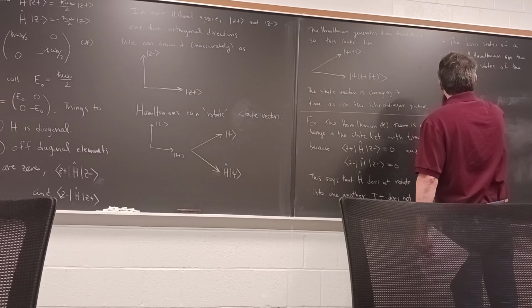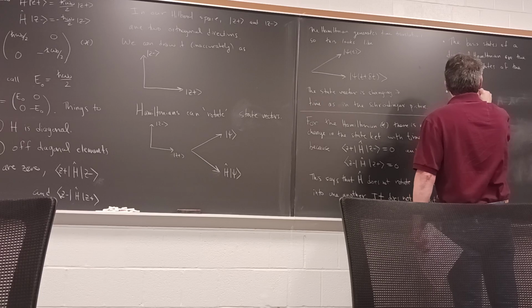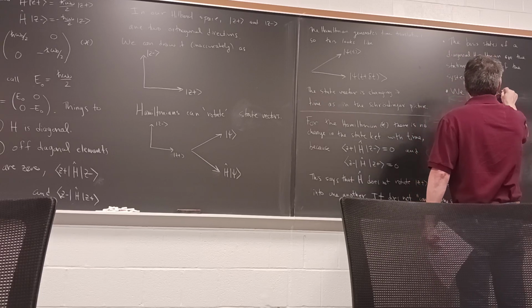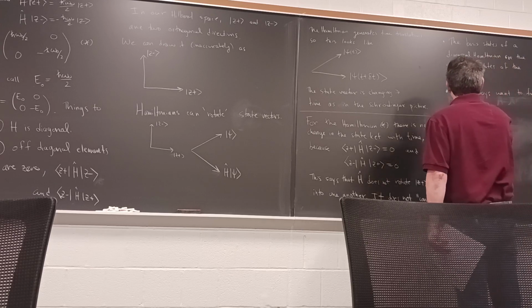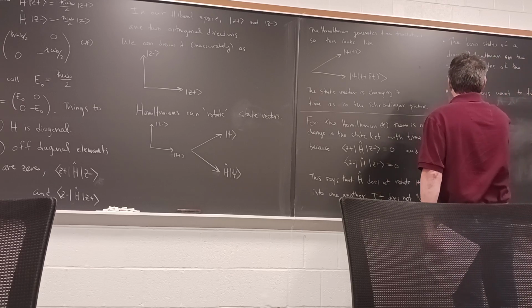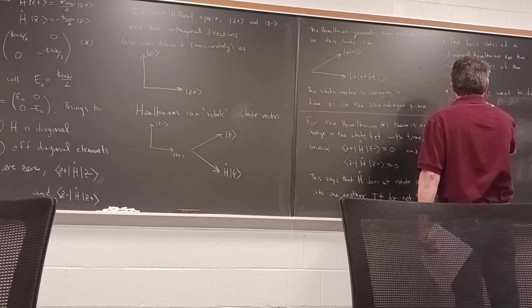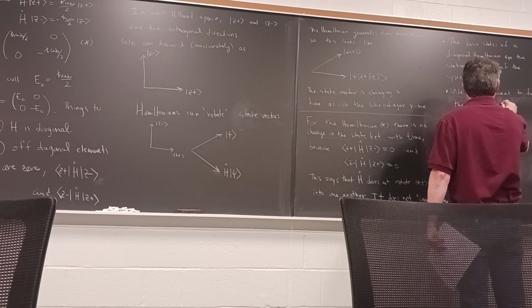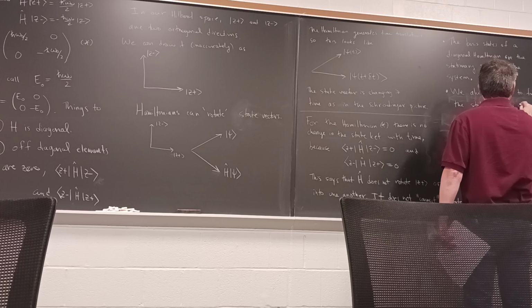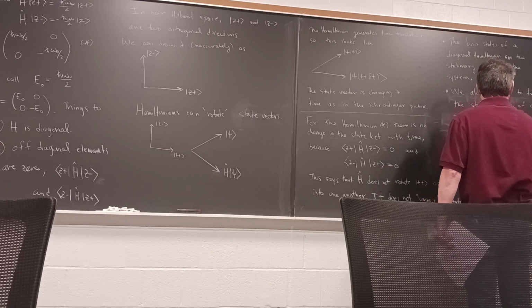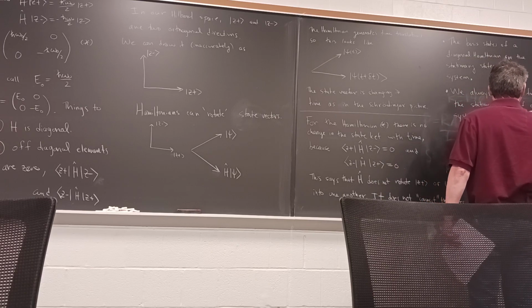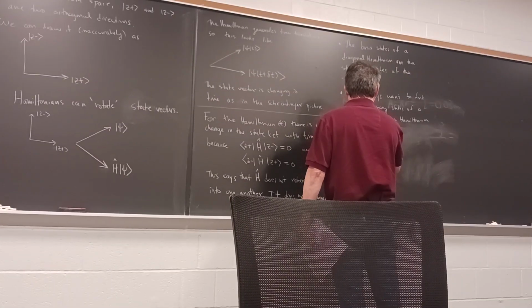Okay, and so the consequence of this is we always want to find the stationary states of the system, where the Hamiltonian is diagonal.